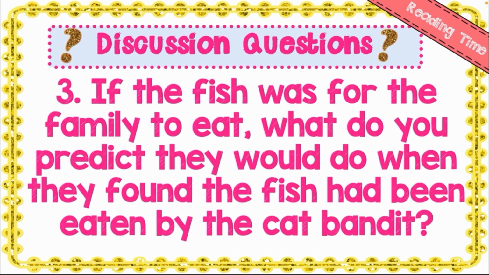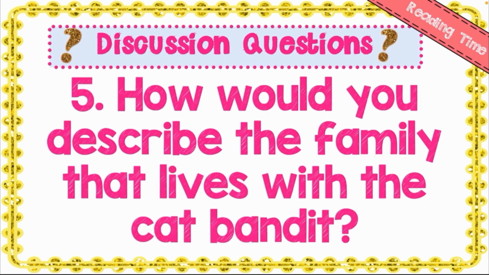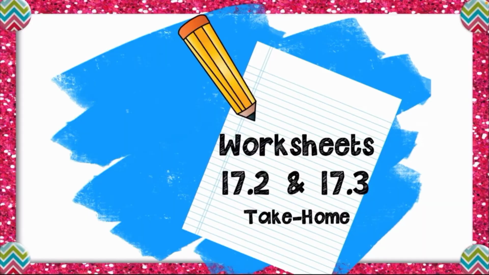If the fish was for the family to eat, what do you predict they would do when they found the fish had been eaten by the cat bandit? What patterns do you see in the cat bandit's adventure? How would you describe the family that lives with the cat bandit?